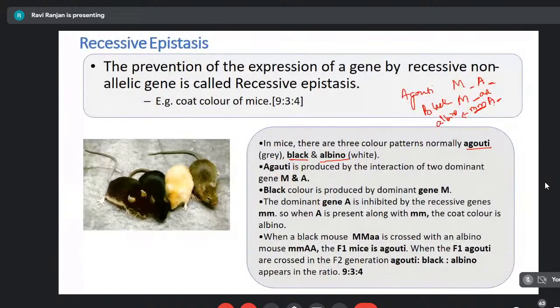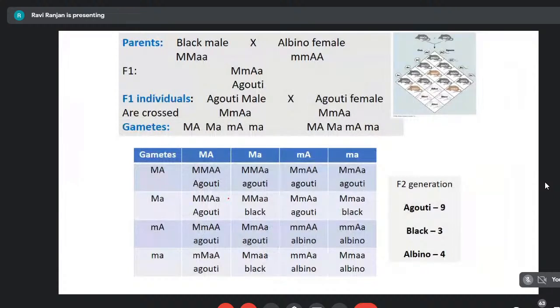So here, when you see 9:3:3:1 ratio, 9 you have M and A, you have 3 which is M and small a, you have 3 which is small m, capital A, and you have 1 which is small m, small a, right?